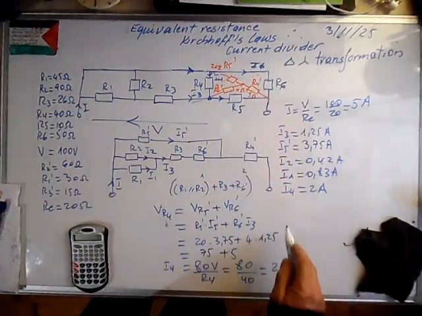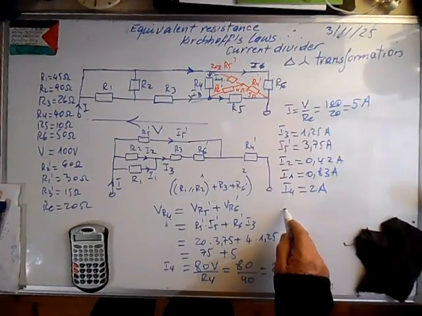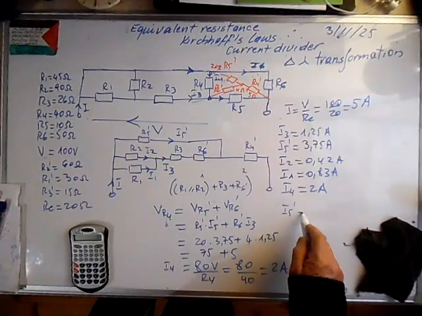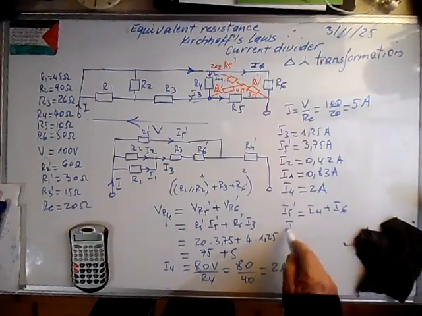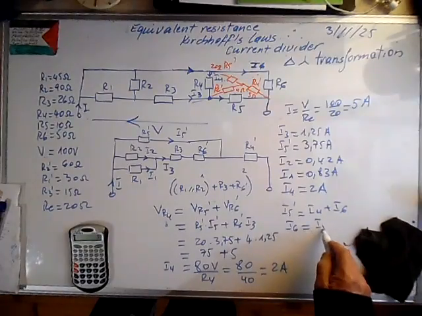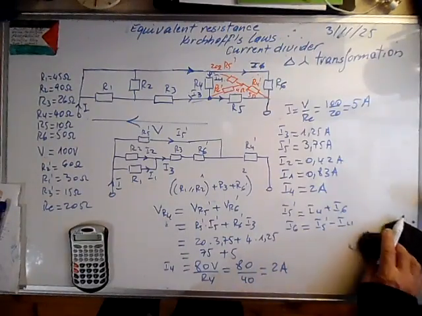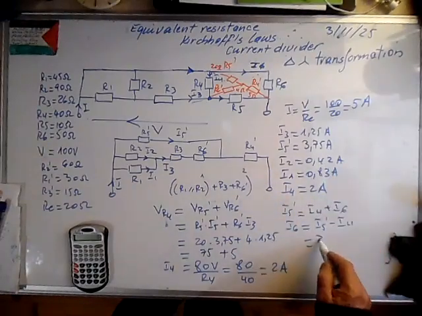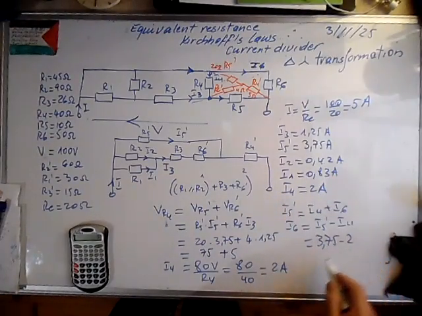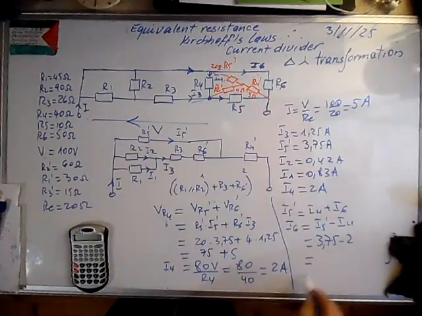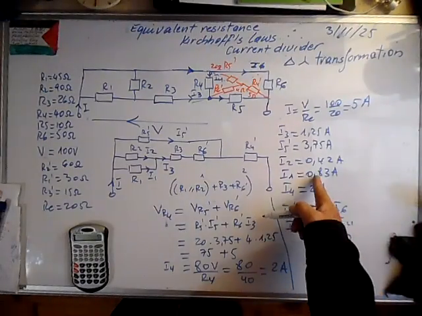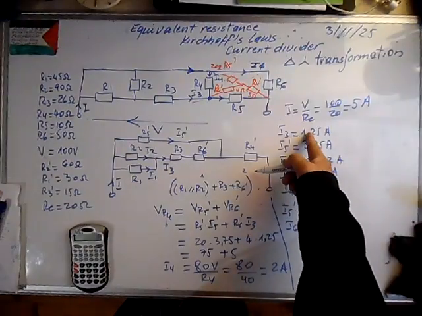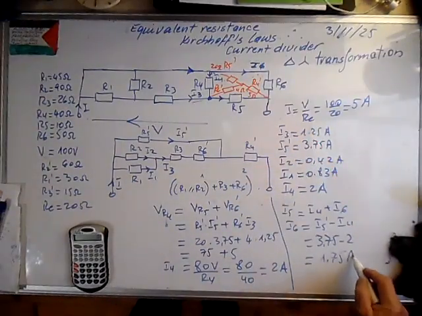Knowing I4, we can calculate I6, because I5 prime is equal to I4 plus I6. I6 is I5 prime minus I4. I4 we calculated. This is 3.75 minus 2. It means that I6 is 1.75 amps.